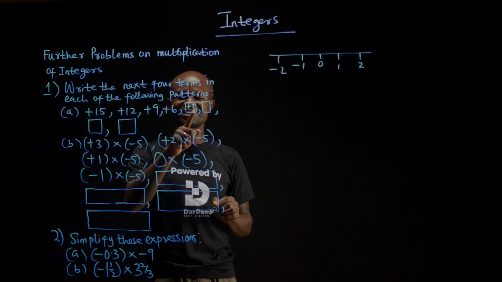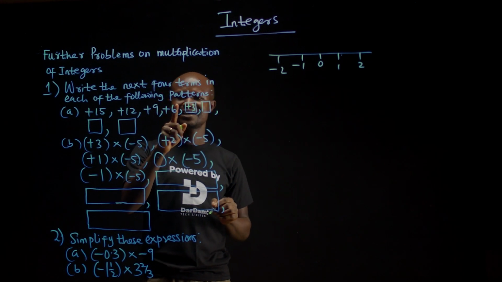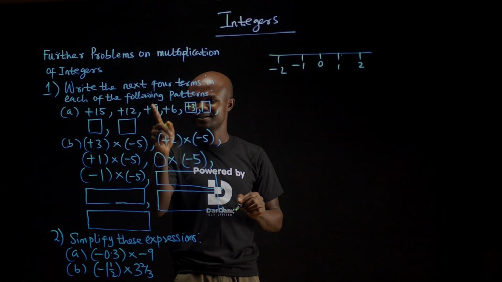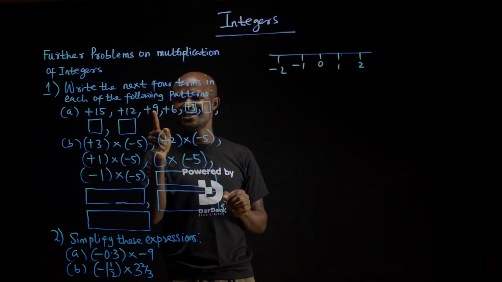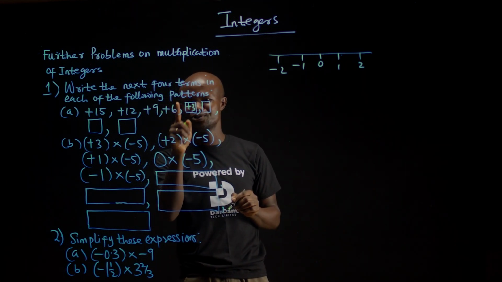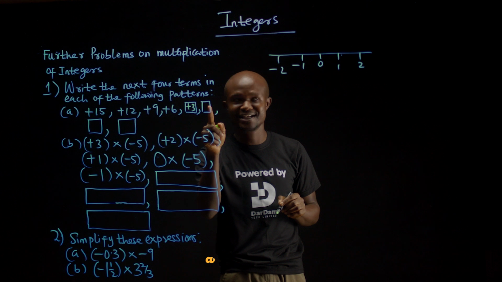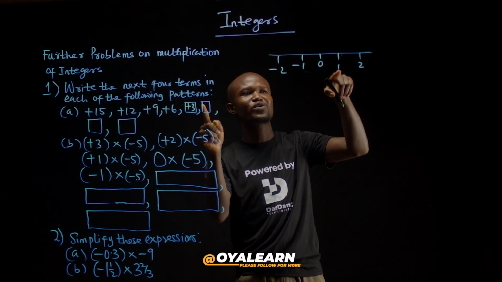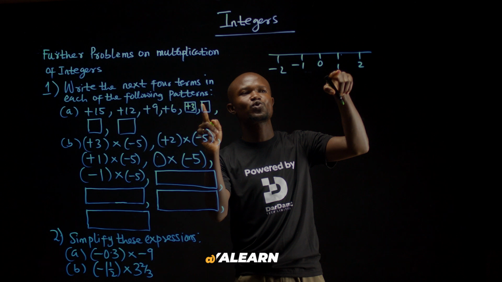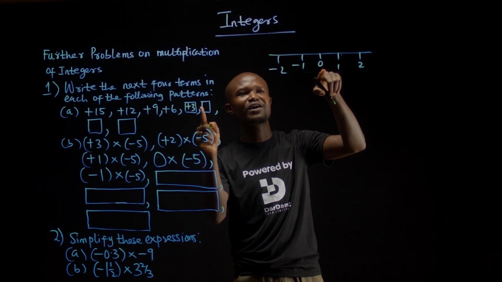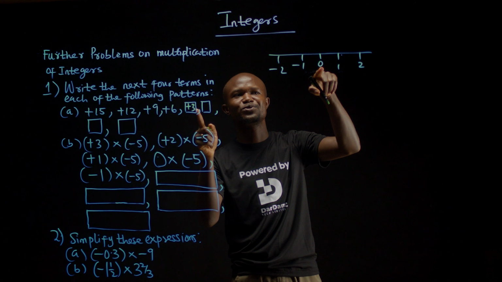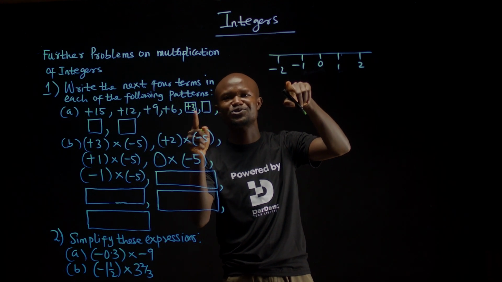Moving backward, this is times 3, times 2, times 1. What will be the next one? After 1, we have 0, then minus 1, minus 2.